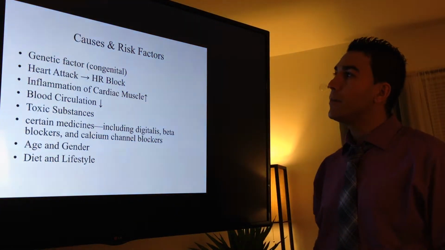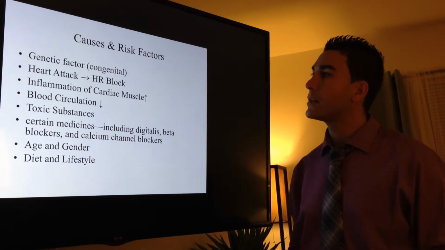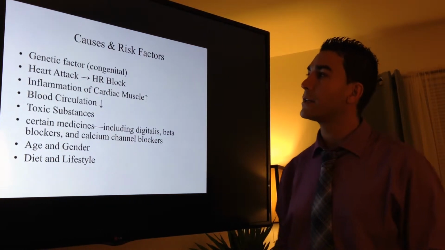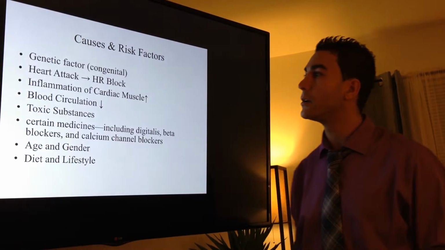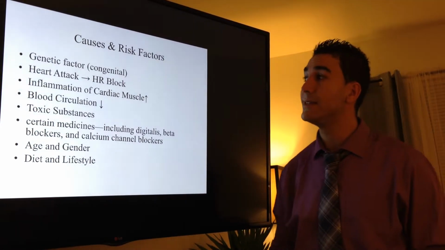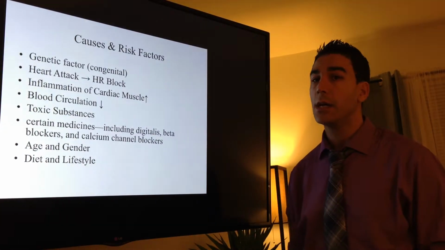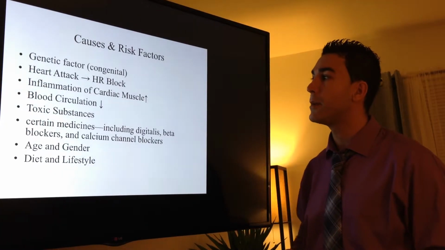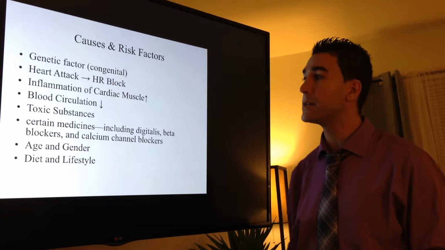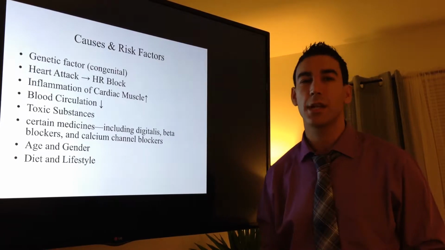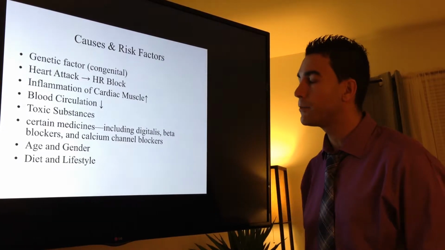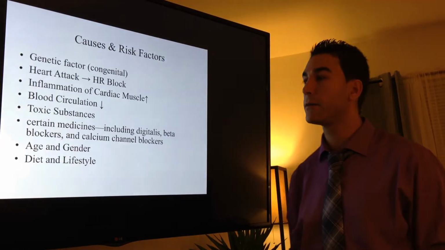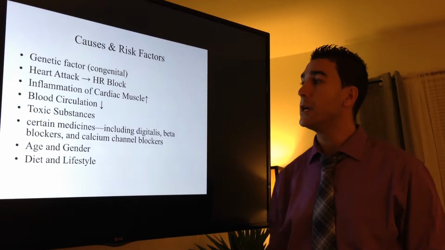We're going to talk a little bit about the causes and the risk factors. The genetic factor, which is congenital. You have the heart attack sometimes leads to heart block. You do have the inflammation of the cardiac muscles in some cases. Blood circulation is poor because of the misrhythm of the conduction of the cardiac muscle.